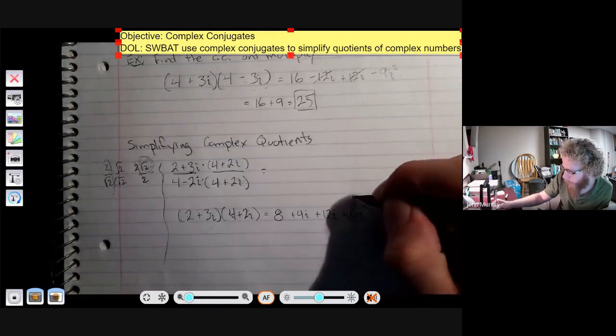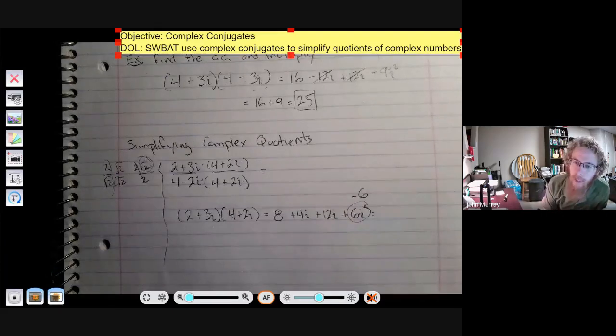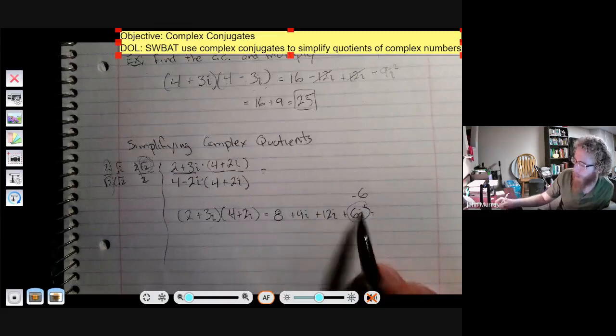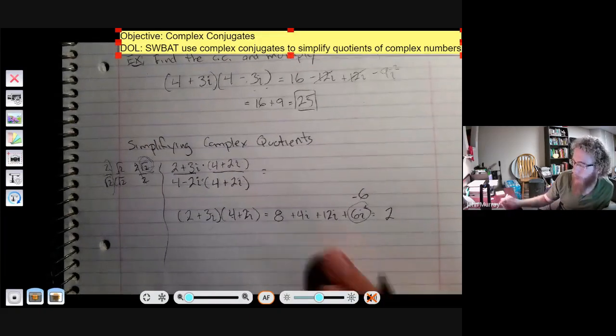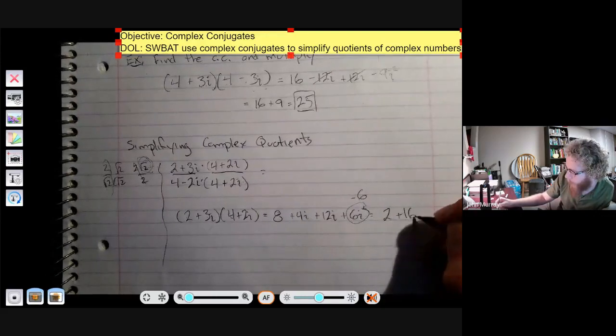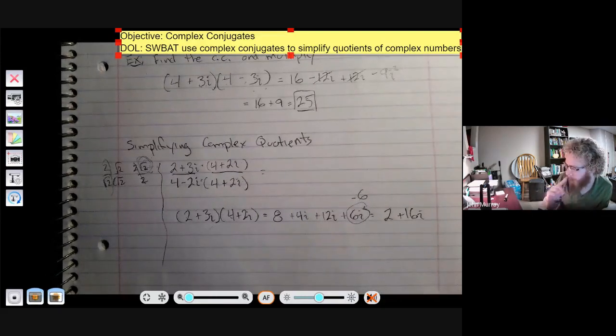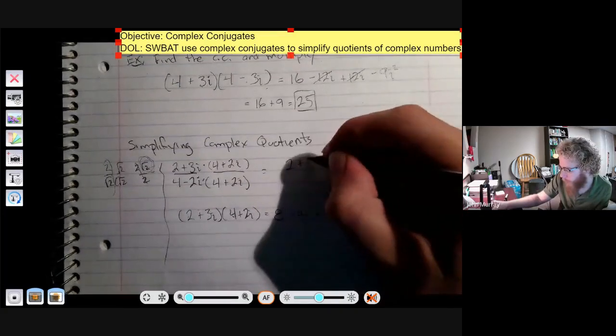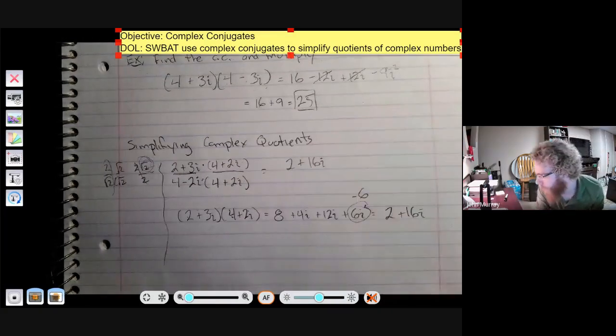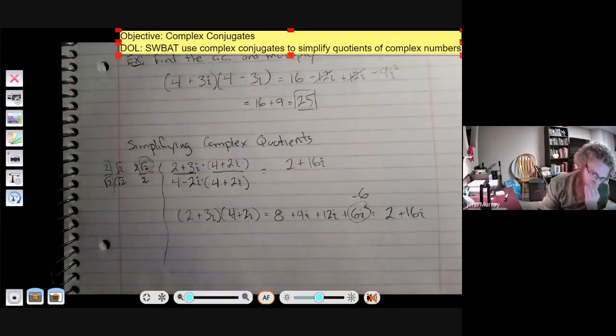So we know that this is going to be negative 6. So we have the 8 minus 6, that's going to get us 2. And then we combine our imaginary part, and we get 16i. So my new numerator is going to be 2 plus 16i.